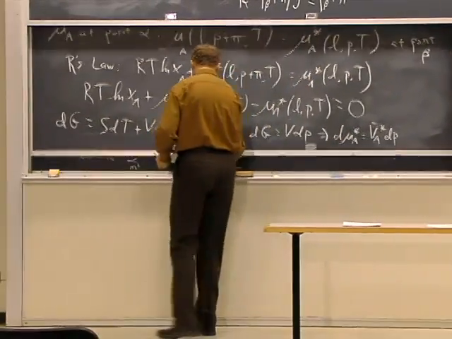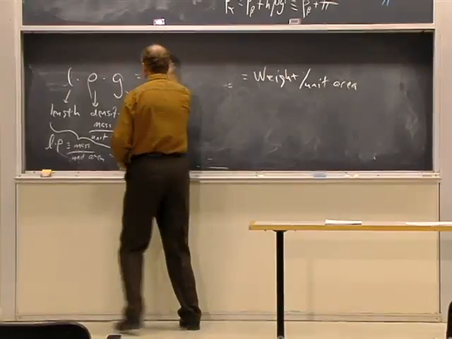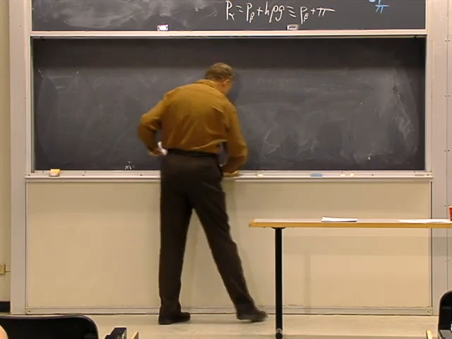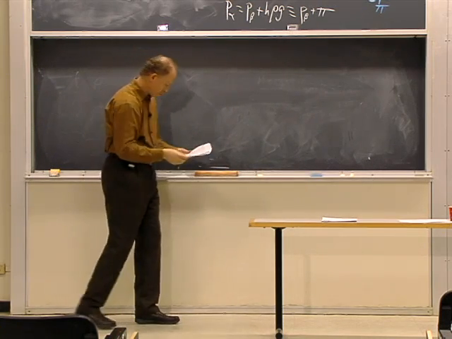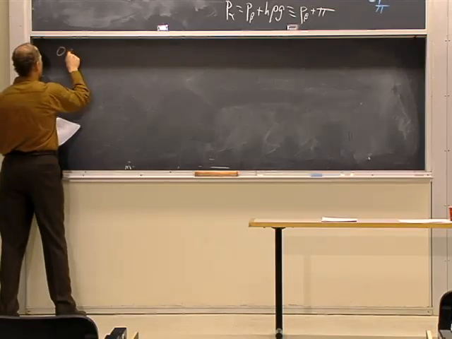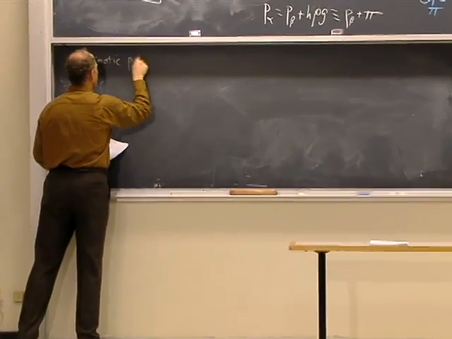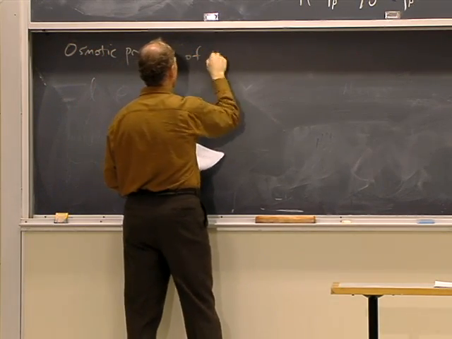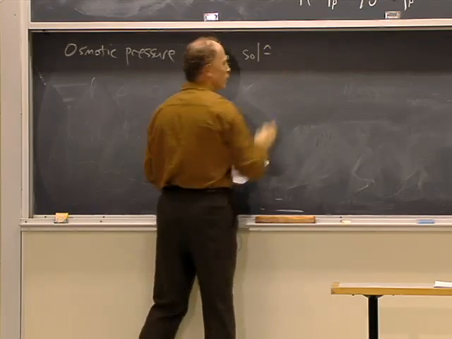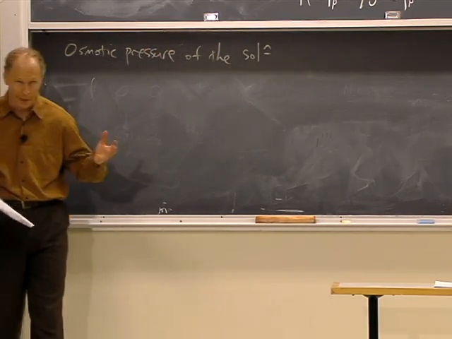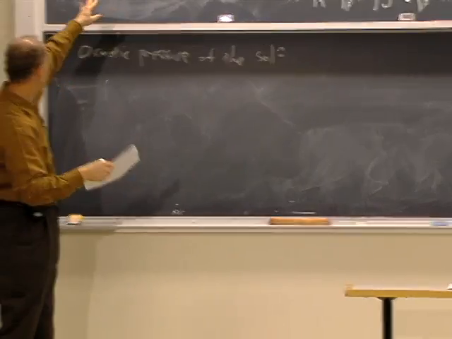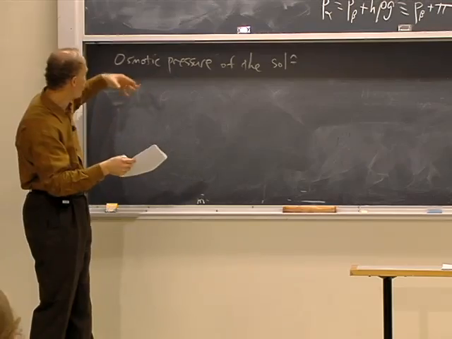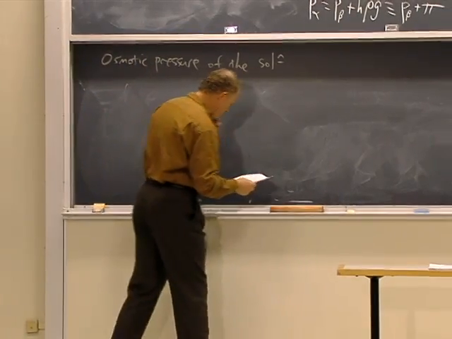Now let's, though, finish up by calculating the additional pressure that we'll find. So what's the osmotic pressure of the solution? So now we're going to assume that we have that solution inside in a situation like this where there's pure water outside that can go in, and there's going to be excess pressure because of the water rushing into the solution.